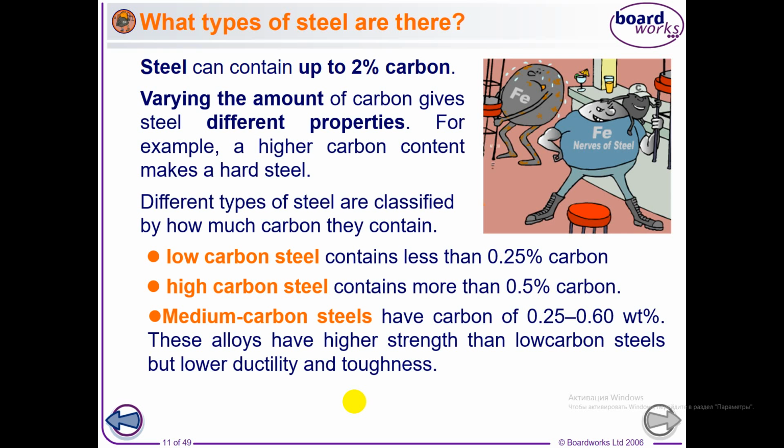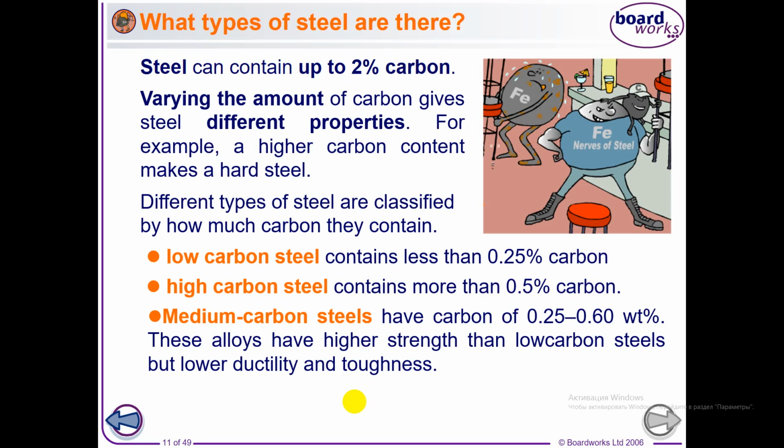At failure, they stretch up to one fifth of the original length. That is, a 100 millimeter sample will stretch to 115 to 120 millimeter at failure.